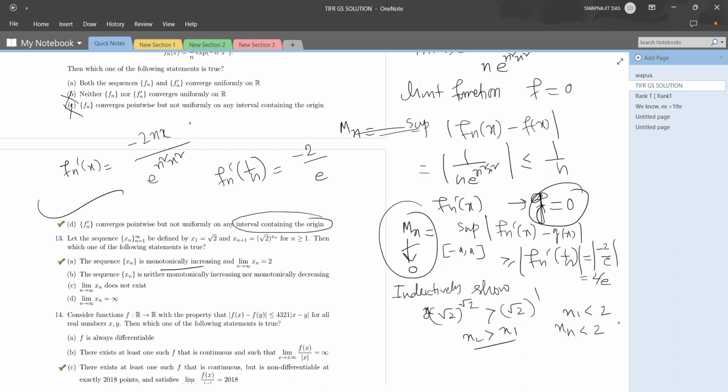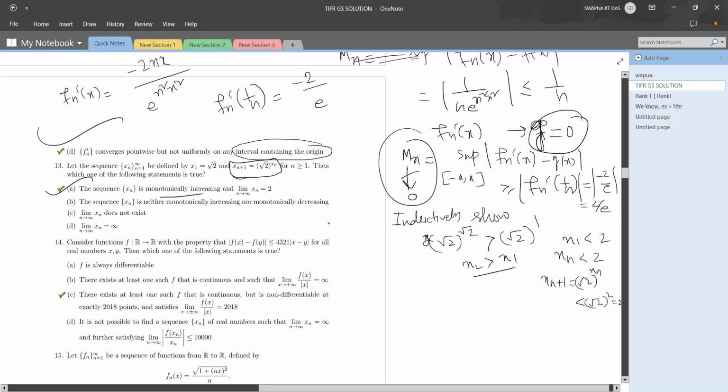You can assume that xn is less than 2, then xn plus 1 will be root 2 power xn, which is less than root 2 power 2, which is 2. That means it is bounded above by 2. So by the monotone convergence theorem, it is convergent and the limit is precisely 2. That comes from this relation. So this one is correct. This one is an easy one.